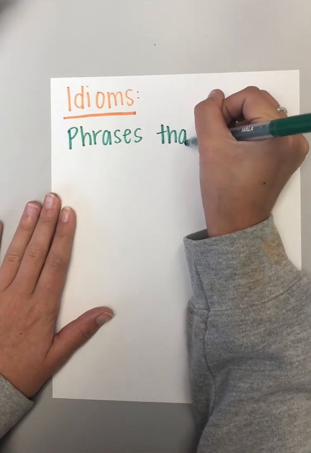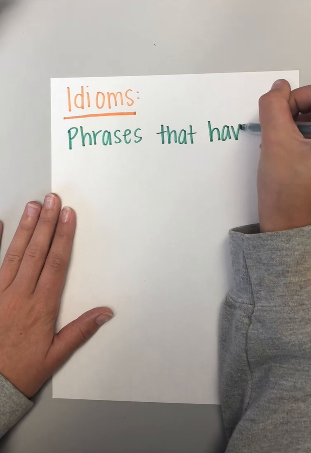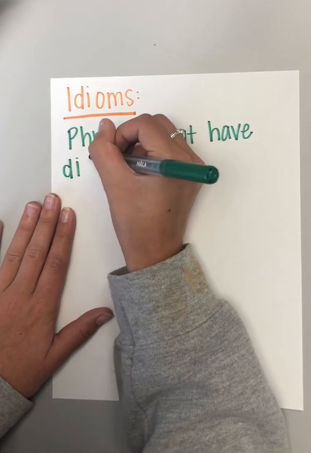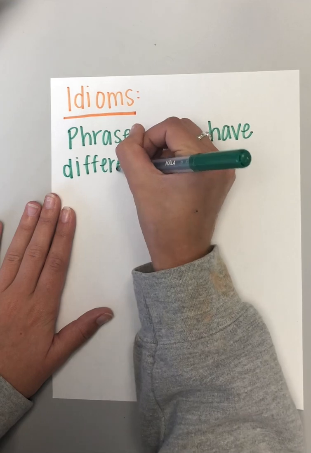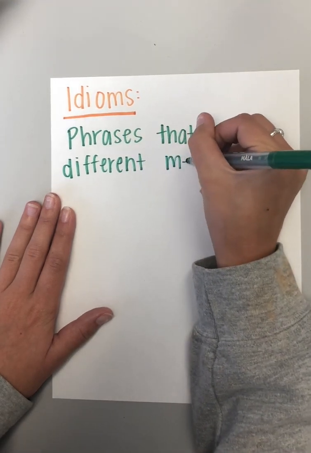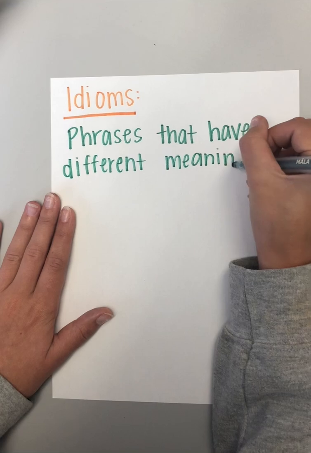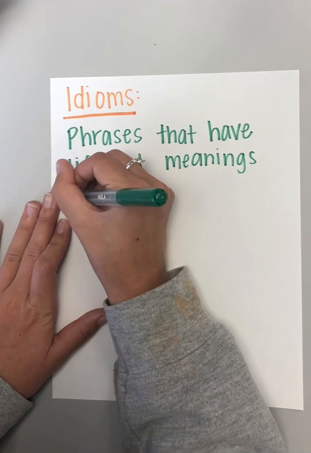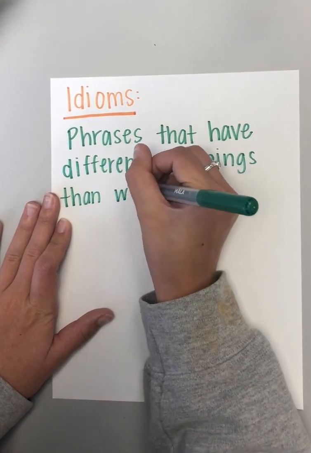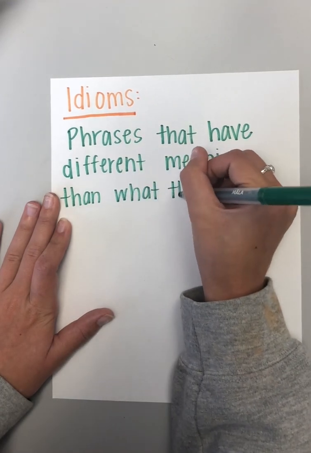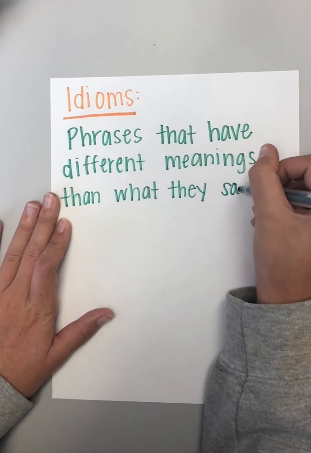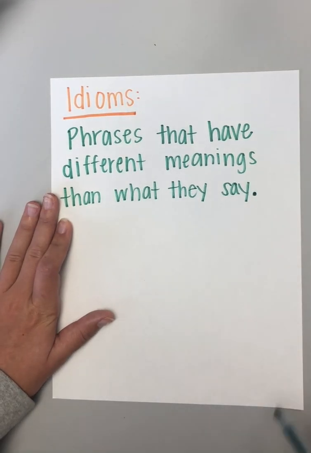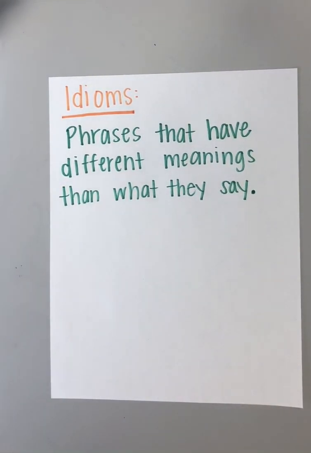Phrases that have different meanings than what they say. I'll give you just a moment to get that copied down onto your paper. Give your substitute a thumbs up when you're done and you're ready to go, and she will know to keep playing the video.